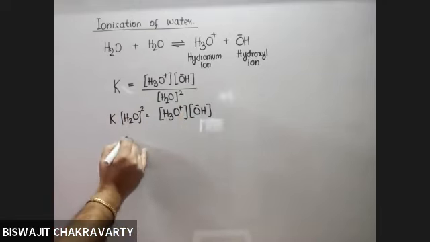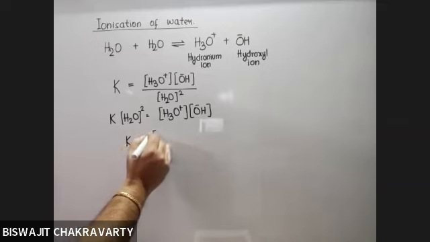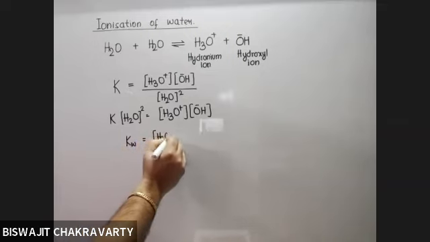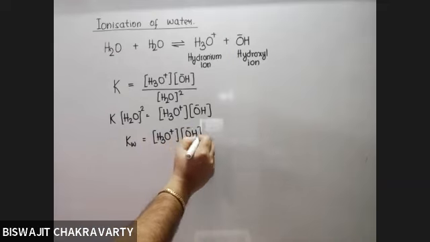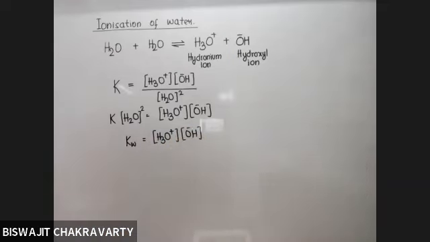So this is referred to as Kw, which is another new constant, which is a product of two constants. So Kw is the product of hydronium ion concentration and hydroxyl ion concentration.